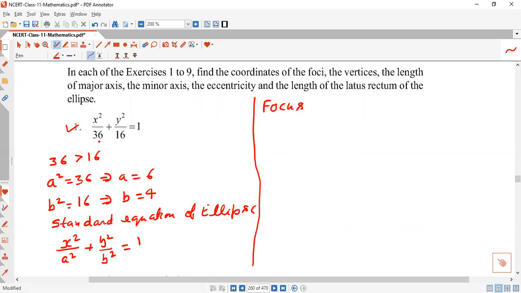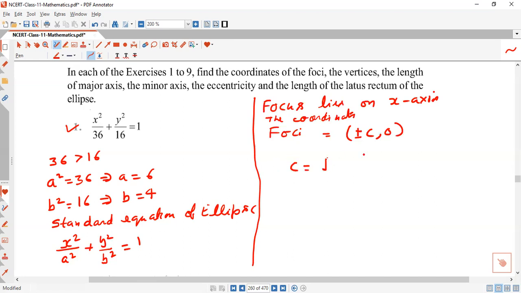Since a square lies below the x square, the foci lie on the x axis, and we have two foci. So the coordinates of foci will be plus minus c comma 0, where c equal to under root of a square minus b square. We put the value here.